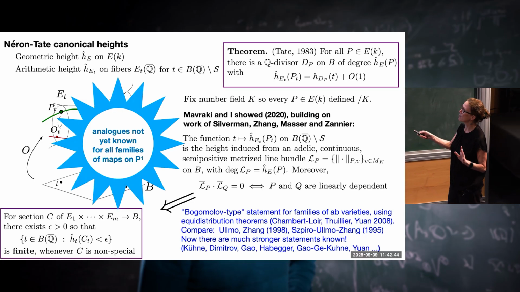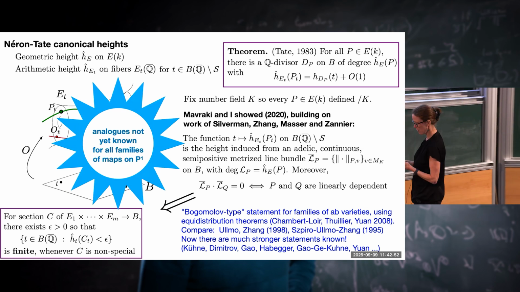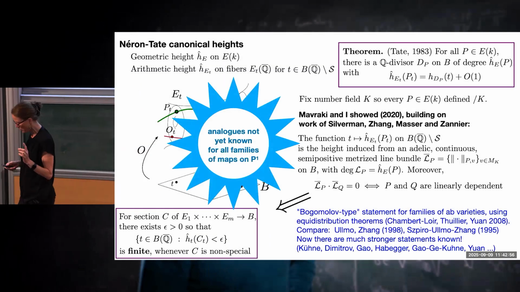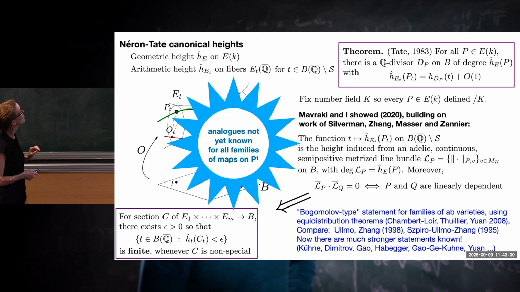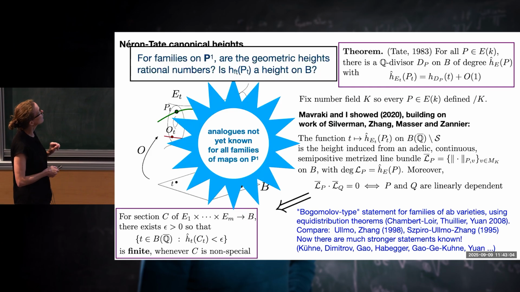So again, remember here I'm thinking about a family of elliptic curves over a base curve. Replace that with a family of maps on P1 over a base curve. So just a family of one-dimensional dynamical systems, of which this is then a special case, because these quotient to maps on P1. So for example, let's just go back to Tate's theorem.